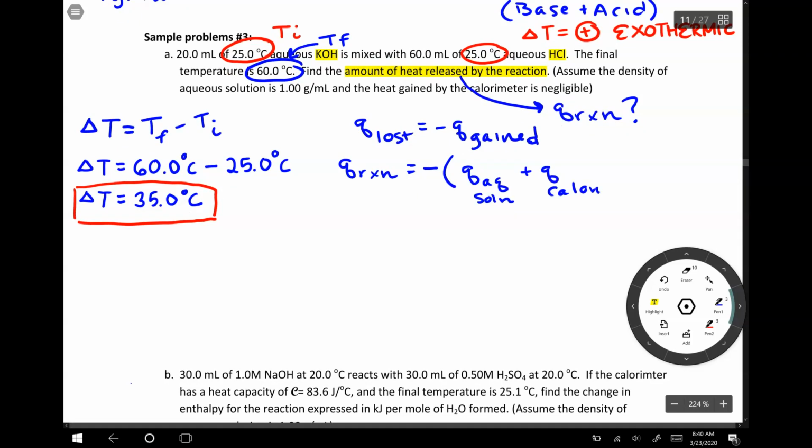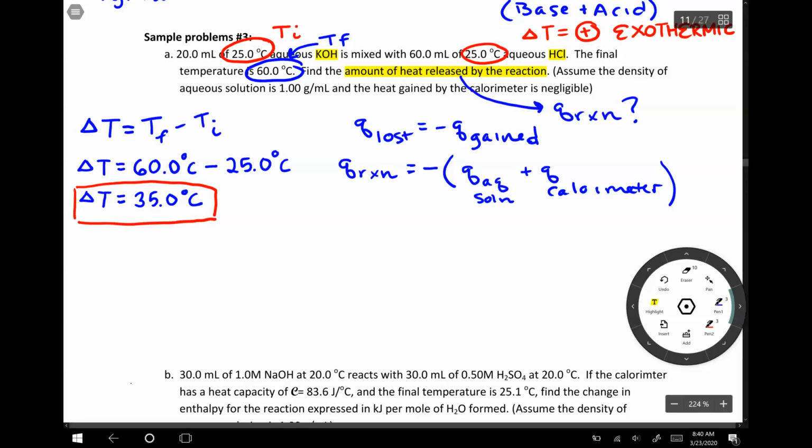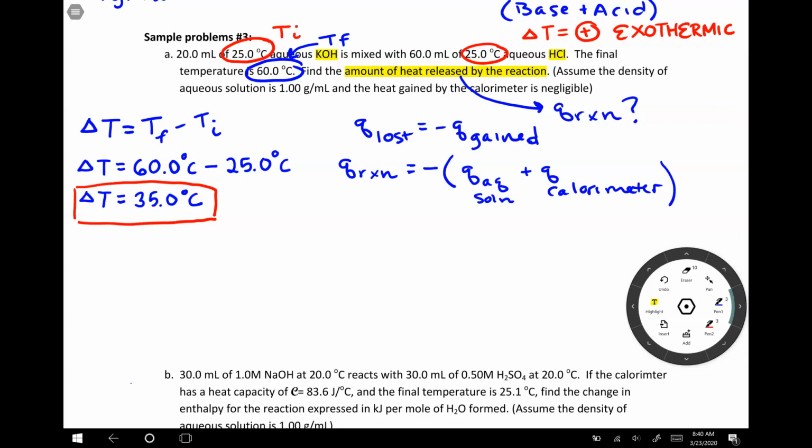Now sometimes we keep this term and sometimes we ignore it. The calorimeter, what I mean by that when I say Q of the calorimeter, is the coffee cup. The coffee cup itself can be gaining heat and taking it away from the solution. Sometimes we ignore that term and sometimes we don't.